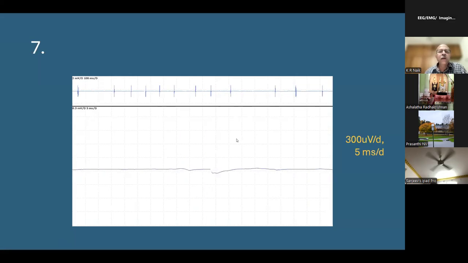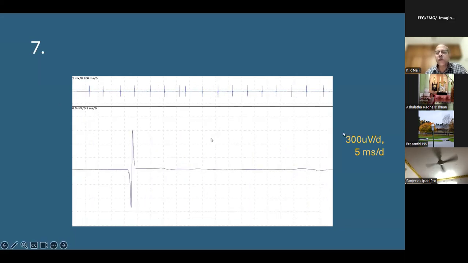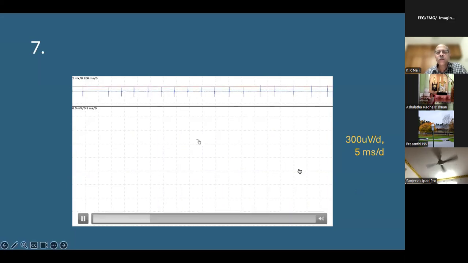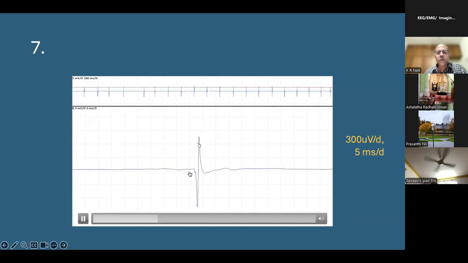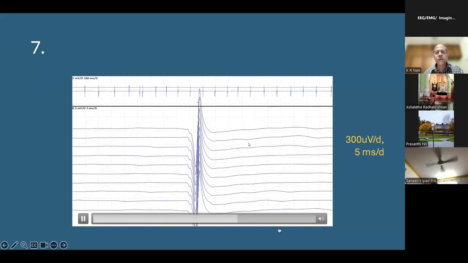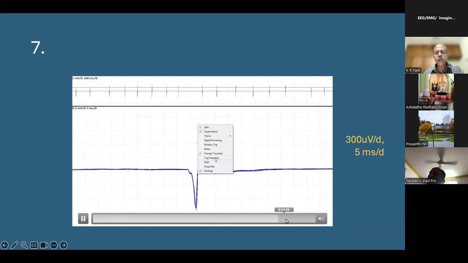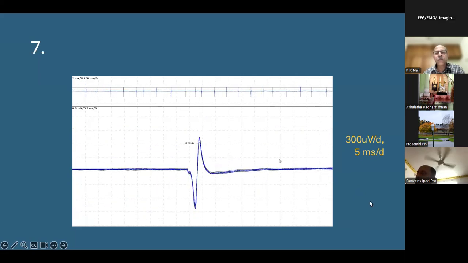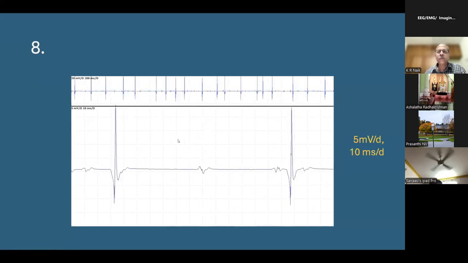This is 5 milliseconds per division, so total duration is 100 milliseconds. This is with superimposition, cascade display, superimposed to show that the waveform is consistent. So number 8 is one more EMG video.